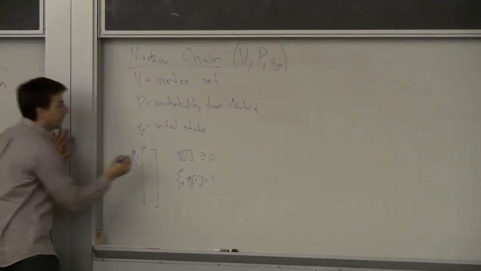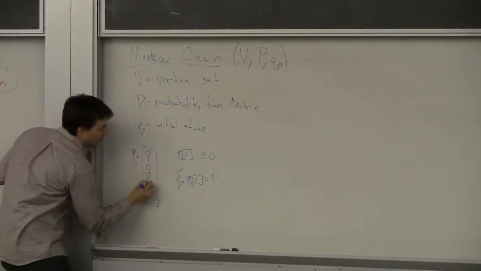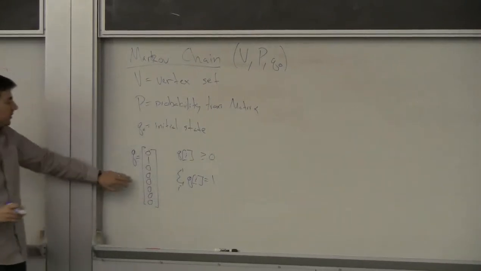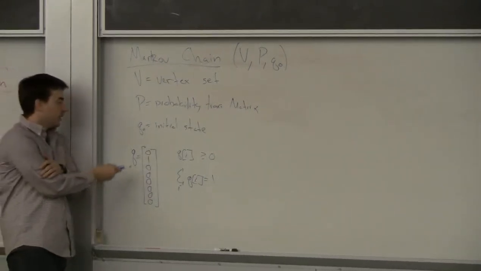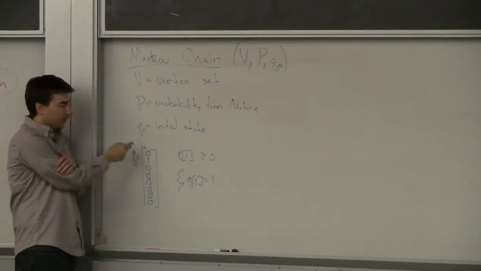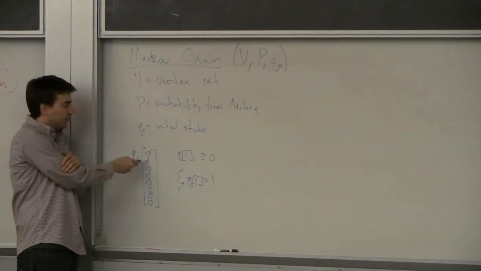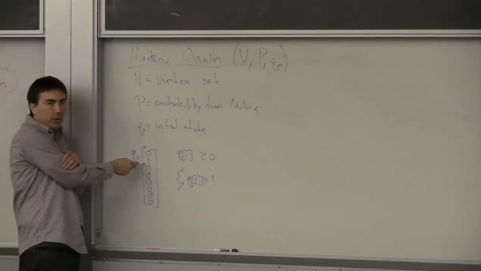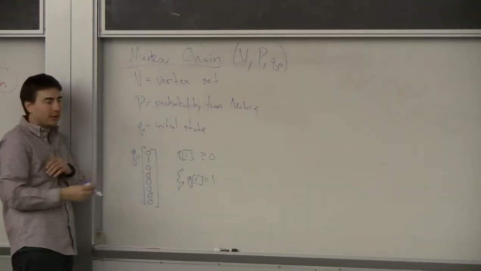Okay, so if I have an initial vector that looks like this, this is a valid state, and because I have a 1 here and a 0 elsewhere, this says the probability of being in state B, which is the second state in my list here, is 1. So probability 1 of being in state B, probability 0 of being in any other state.